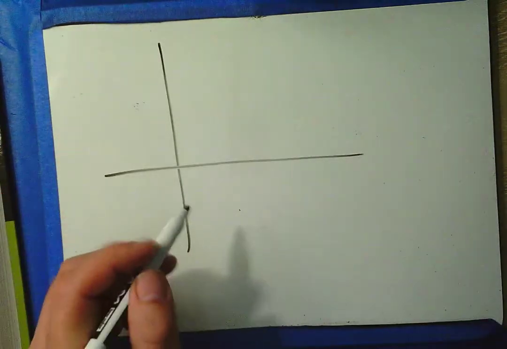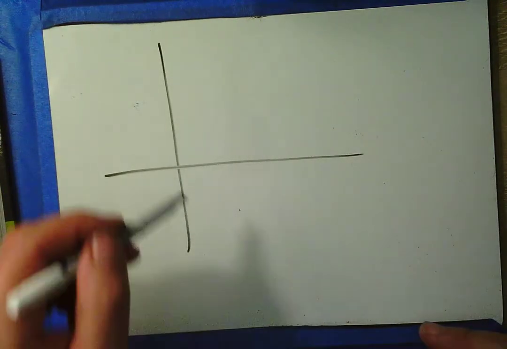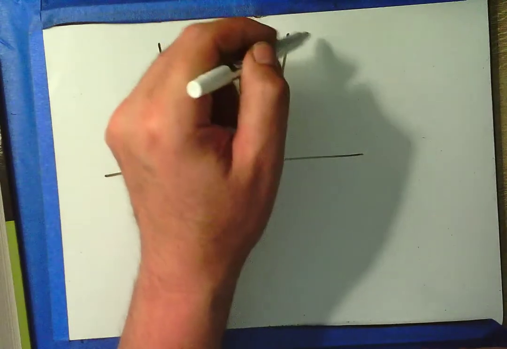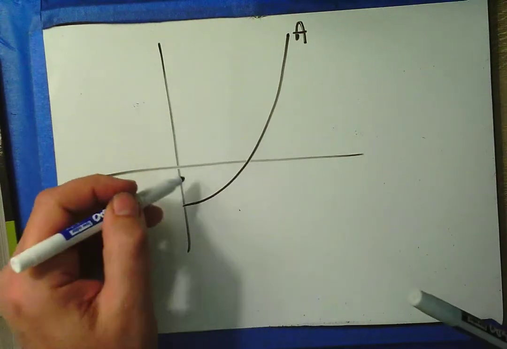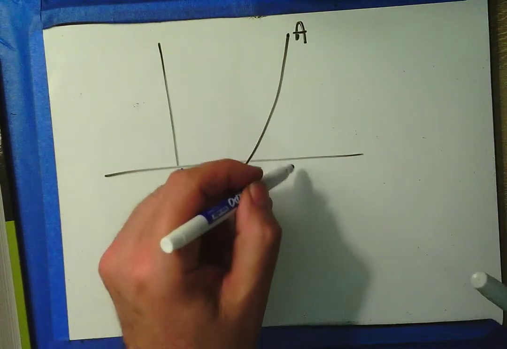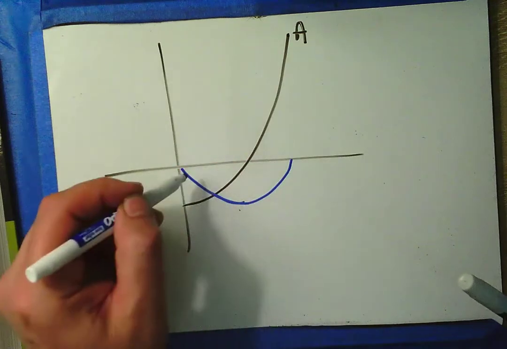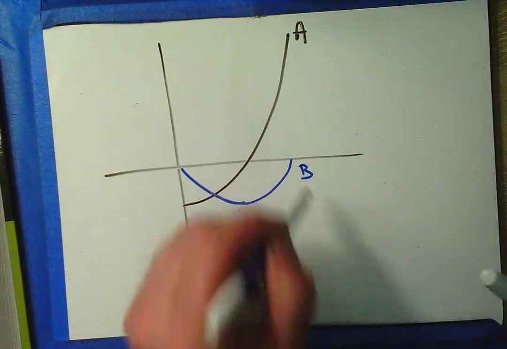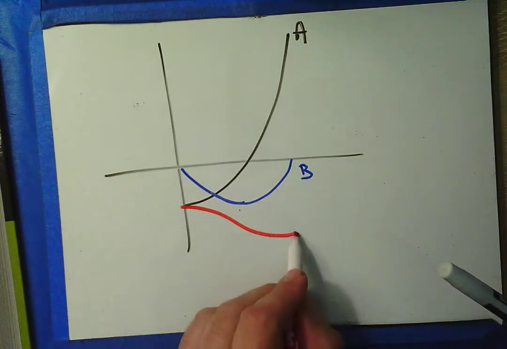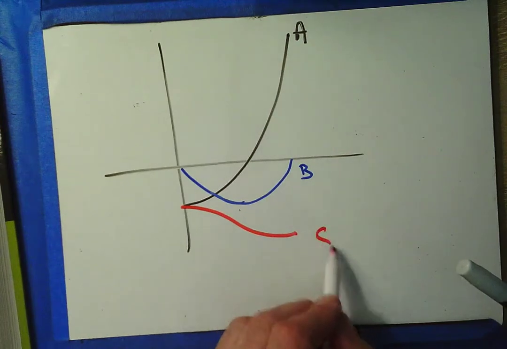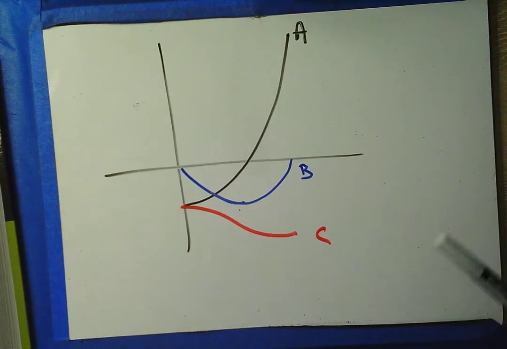Okay. So I've got a graph, and I've got a function. That's A, and I've got B, and I've got C. Okay, so here's what I think I see.